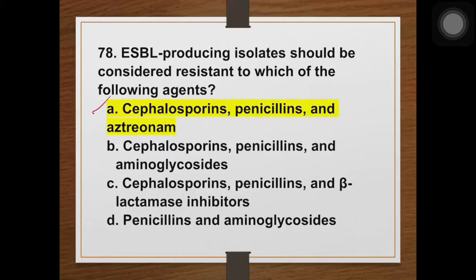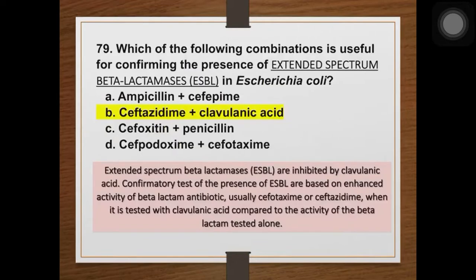Number 79, which of the following combination is useful for confirming the presence of extended spectrum beta-lactamases in Escherichia coli? Correct answer is 79, letter B. A beta-lactam antibiotic and clavulanic acid. ESBL, extended spectrum beta-lactamases, are inhibited by clavulanic acid.